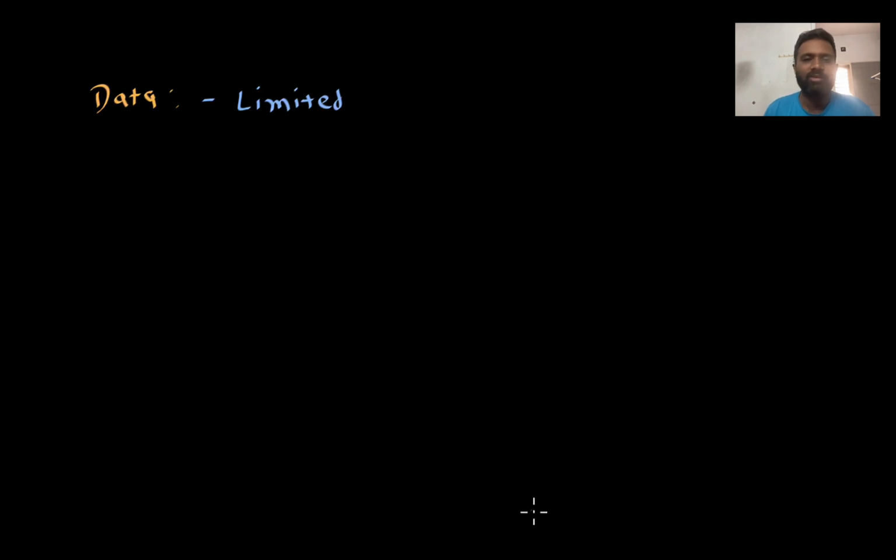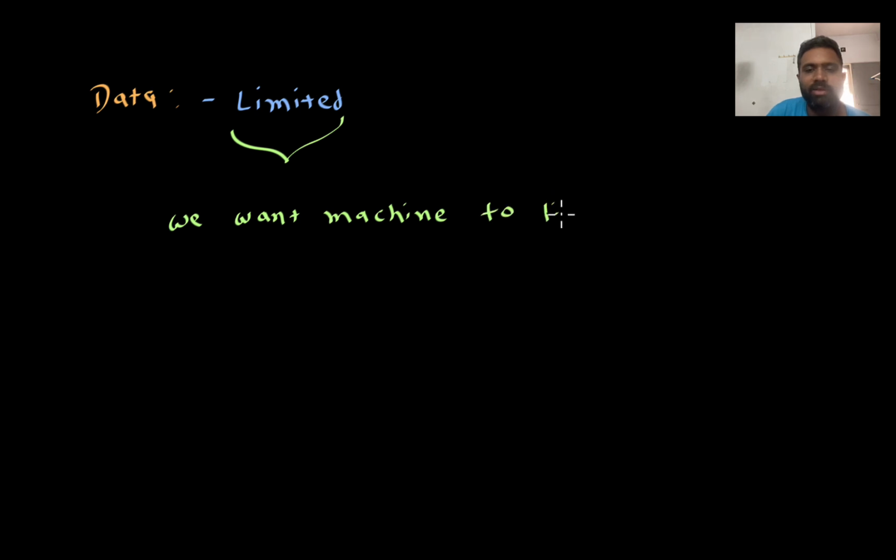The number of possible questions that are being asked is always limited, and we can't even imagine making a data set where all possible types of questions could be asked. That will not be possible. So data will always be limited. From this limited data we want the machine to learn to perform a task.